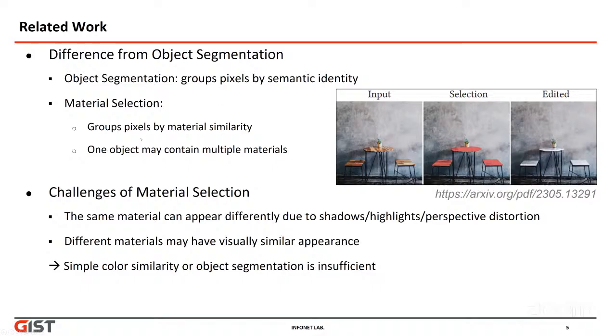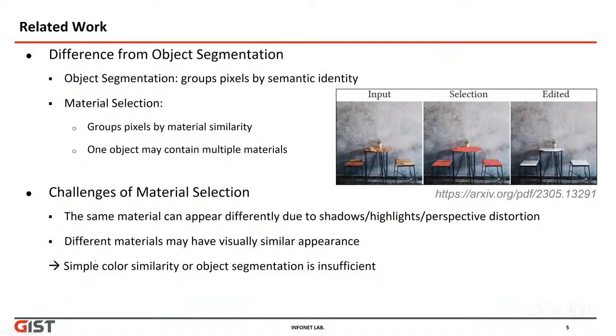So it groups pixels by material similarity, and one object may contain multiple materials, and multiple objects may contain the same material.